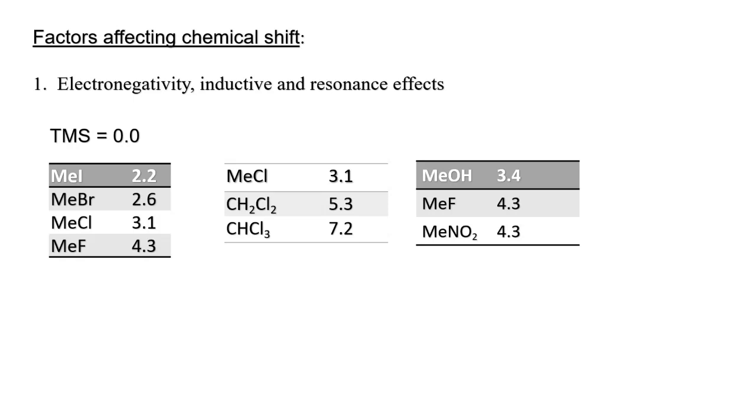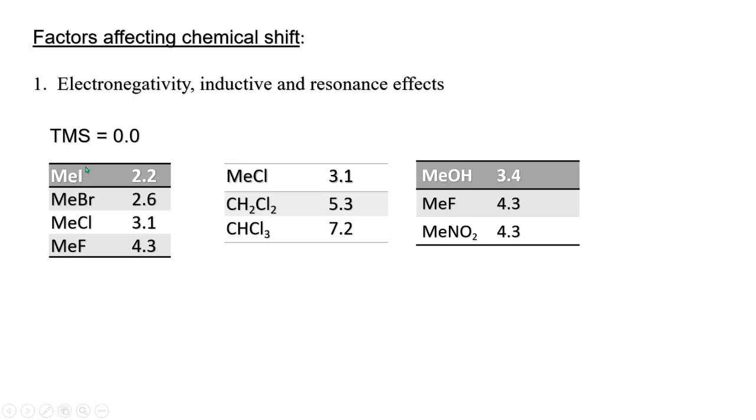Electronegativity, inductive and resonance effects affect the chemical shift values. We record TMS as a reference, and that will be 0 ppm. With reference to that, look at the methyl halides: fluoride, chloride, bromide, iodide.